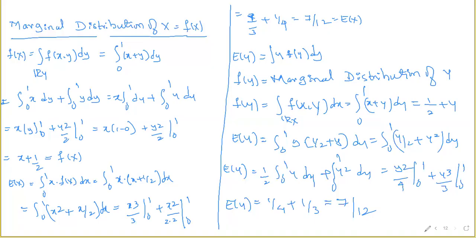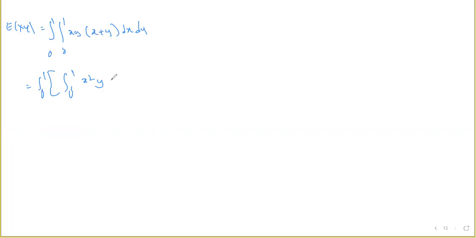Now, what is our aim? To find the expected value of xy. So double integration 0 to 1 of xy into x plus y dx dy. How? We are using the formula for double integration: g of x comma y into f of x comma y dx dy. So 0 to 1, 0 to 1, first we multiply: x square y plus xy square dx dy.